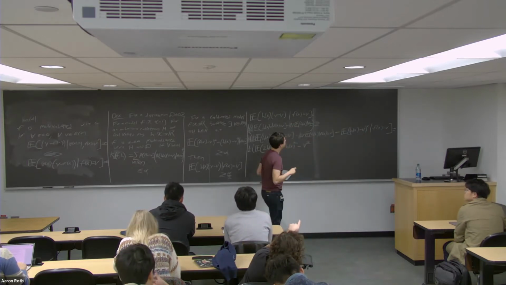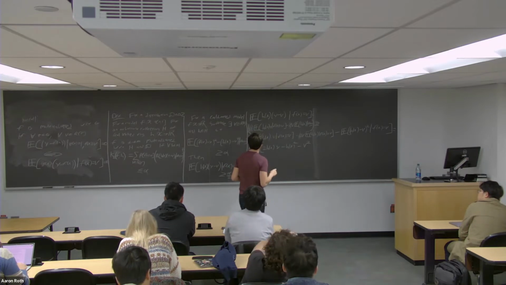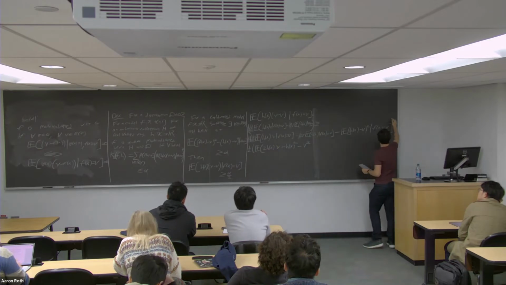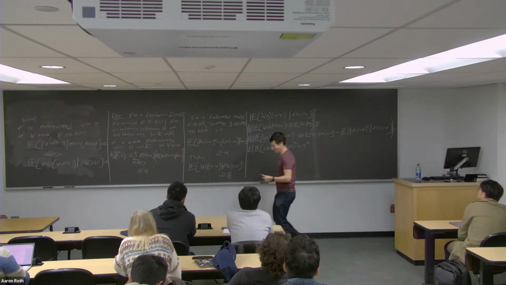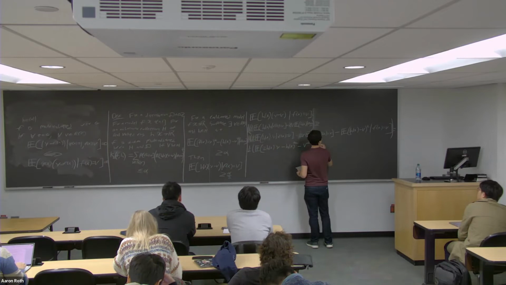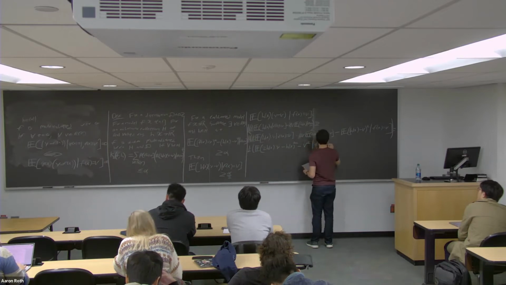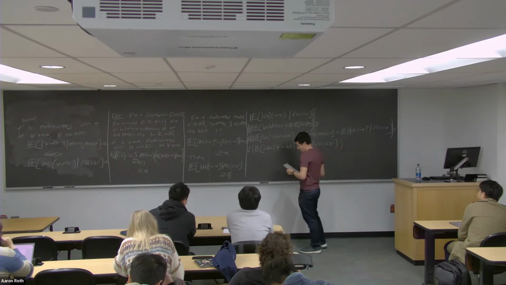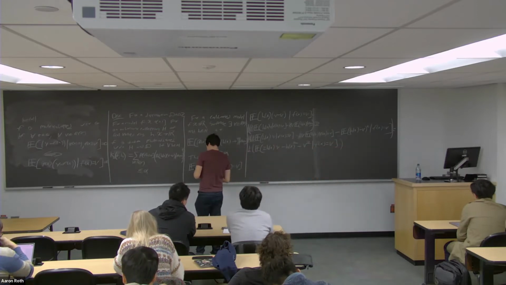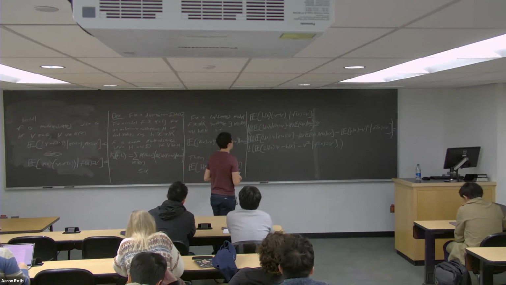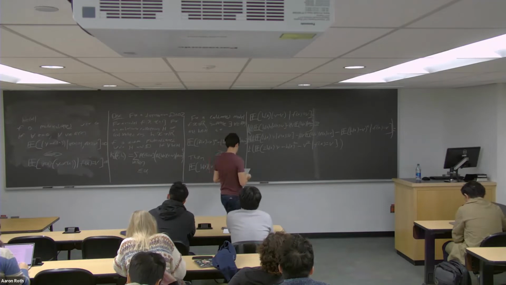We're missing a 1/2? Oh, no, it was just the bracket. Sorry, the bracket is discounted. Good catch. So it's just this expectation, all conditional on f of x equal to v.